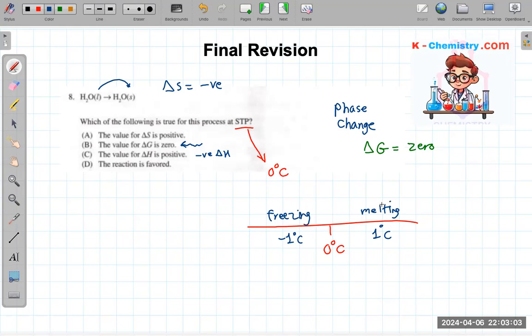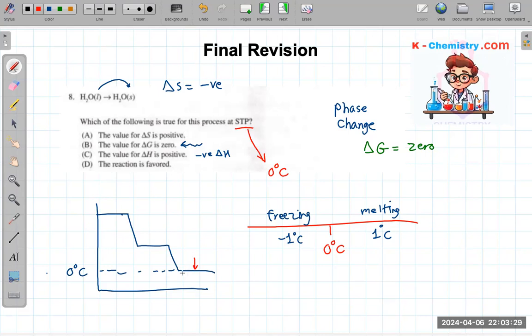But if you are at 0, you cannot tell me that I'm freezing or melting. The same as we did before in the cooling curve and the heating curve. I am here at the 0 degree centigrade line. Are you melting or freezing? I will never know.